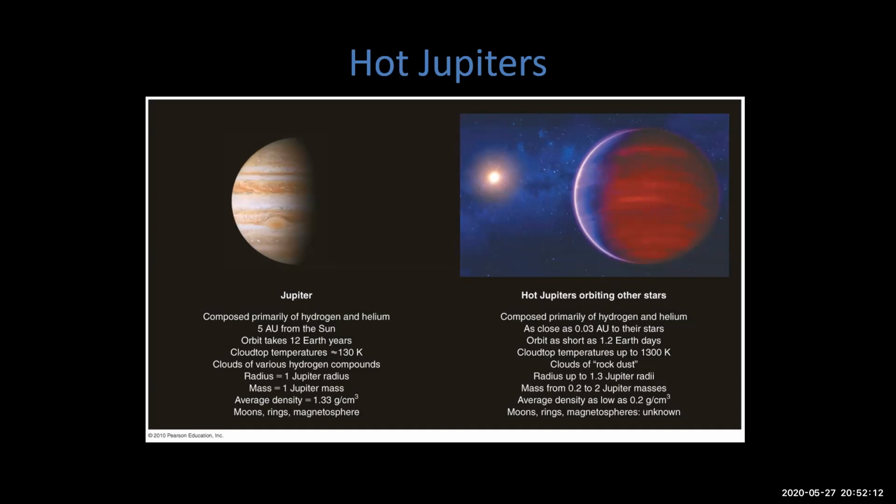And as it has less energy in that orbit, it has to travel inwards to conserve angular momentum. So this gravitational friction with the solar nebula, as the Jupiter is forming, pulls the Jupiter inwards.